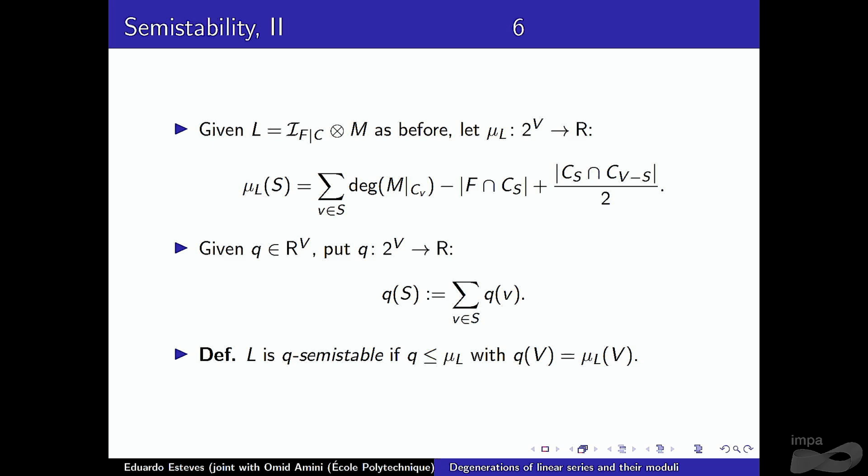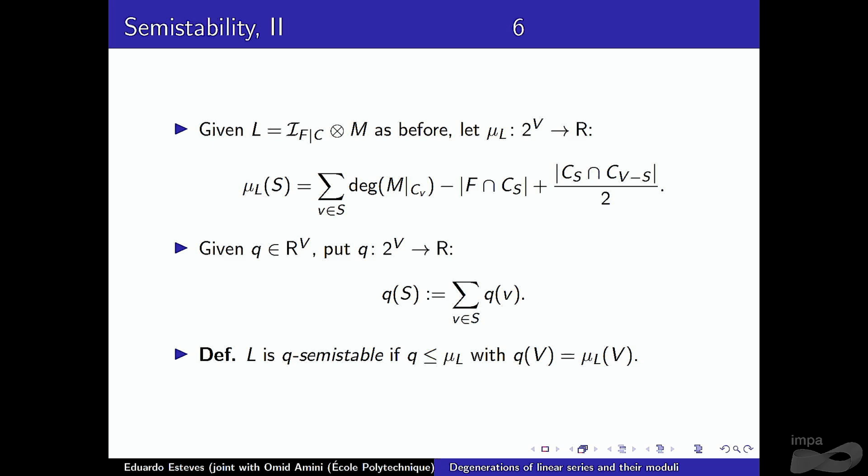You can think of it as a lower bound, so mu of L cannot be very far from Q. If you fix Q and look at the L's that satisfy this, what we're saying is that the multi-degree of L cannot be very far from this virtual multi-degree.